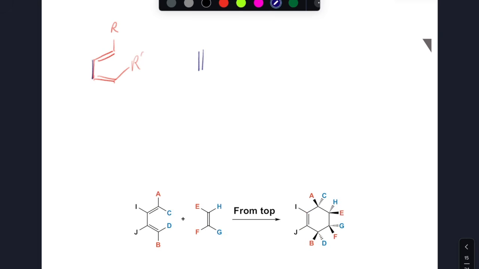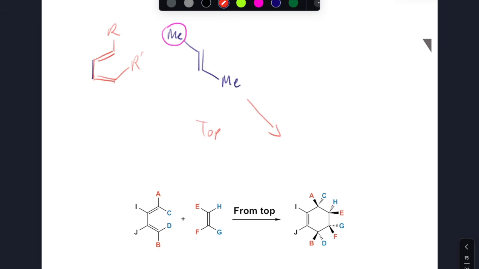Let's say put a methyl down here and a methyl up here. In that case, this methyl is endo relative to this R, rather than the other way around that we had it before. Okay, so in this geometry, we're once again going to have top and bottom.